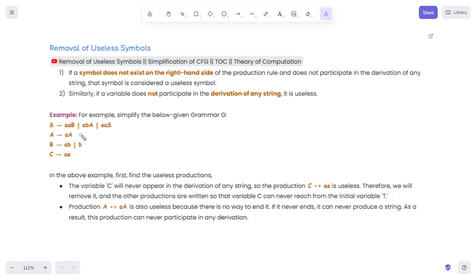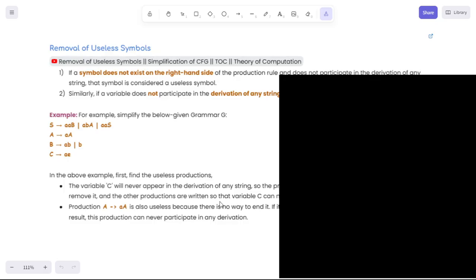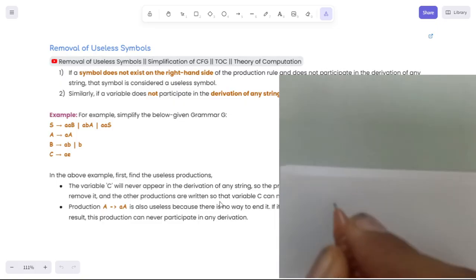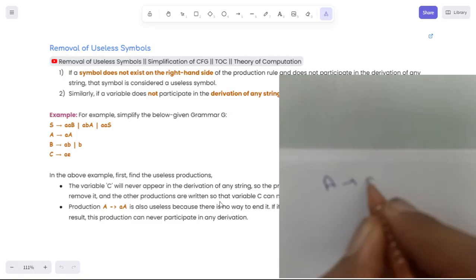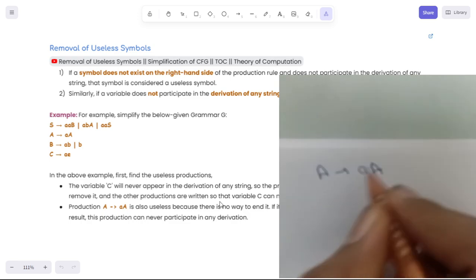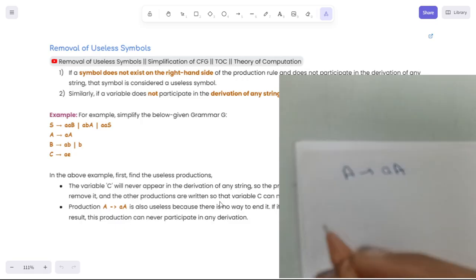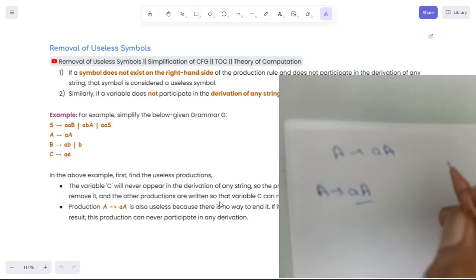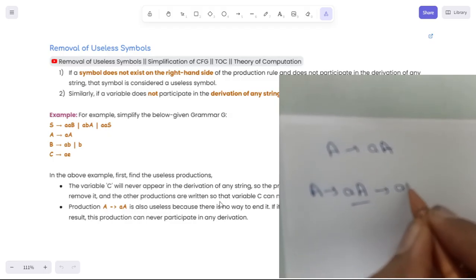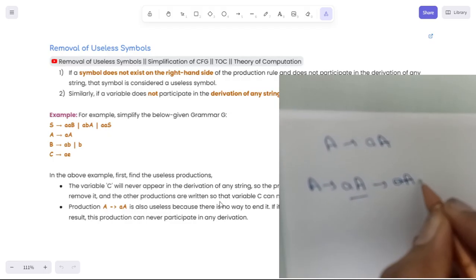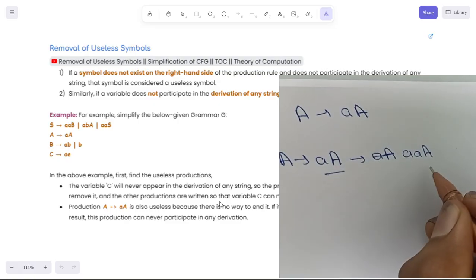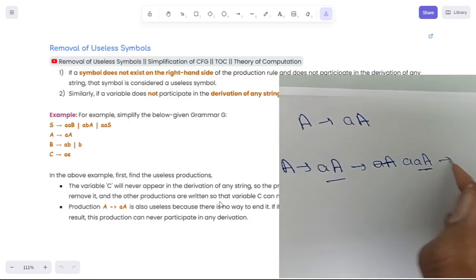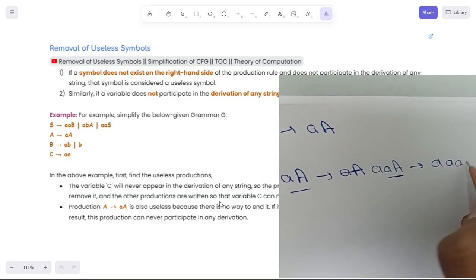Second, if you see this production rule, A is deriving to small a and capital A. If I try to use this production, first A will be replaced with small a, capital A. Next, this will be replaced with small a, capital A again.